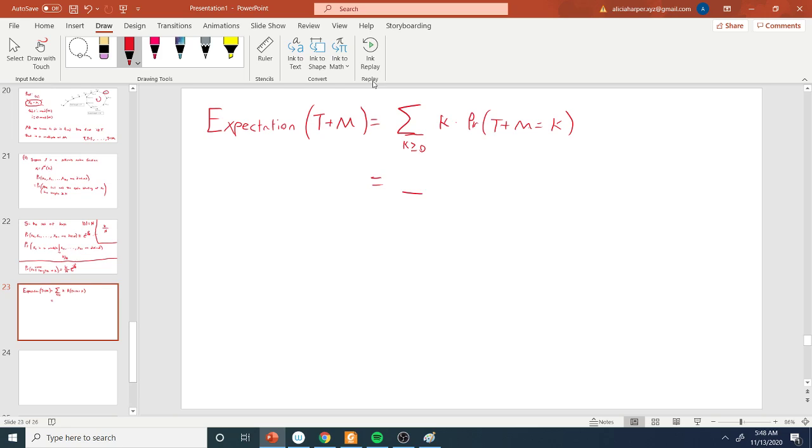Well, by what we just computed, this is the same thing as k squared times e to the negative k squared divided by 2 to the n.